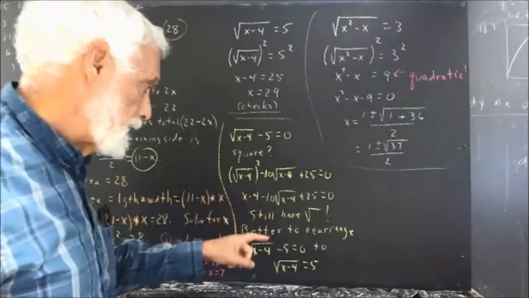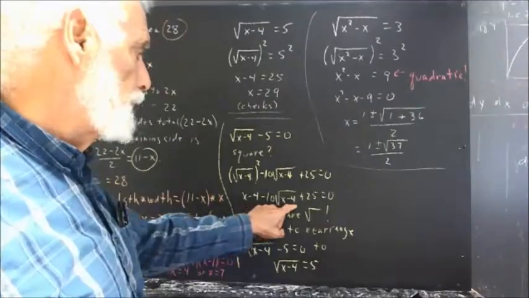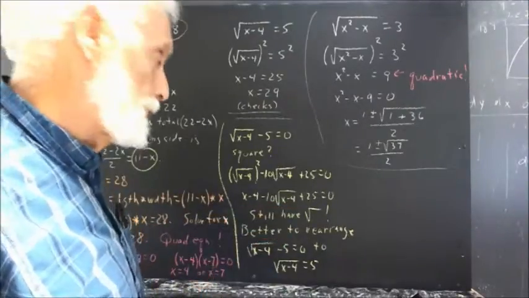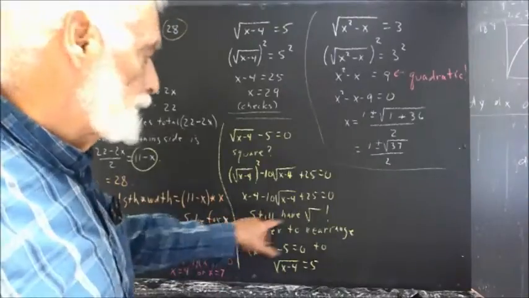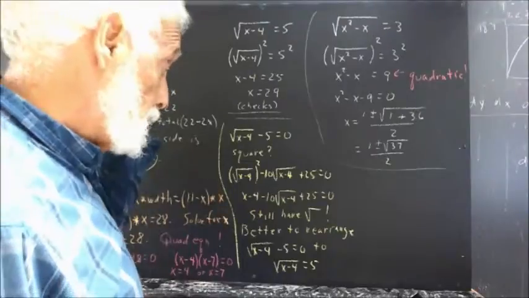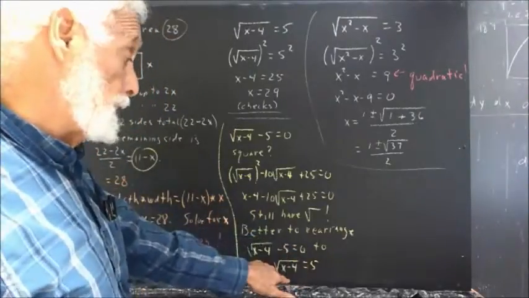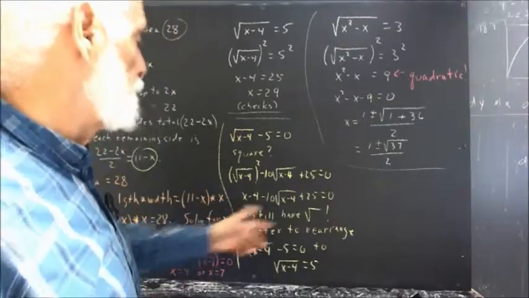The problem then is that we still have a square root. Okay, we have the square root of x minus 4 here. We didn't get rid of that square root. So we still have the square root, with an exclamation point. That's not good. So it would have been better to rearrange it this way, into square root of x minus 4 equals 5. We could still redeem this.